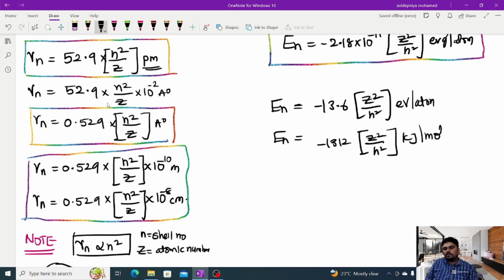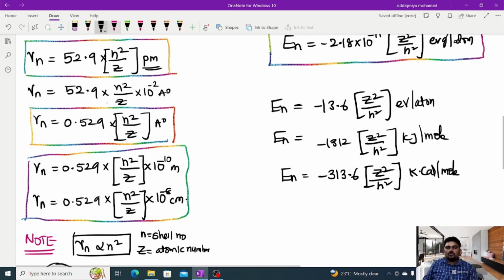And next, energy of an orbit is equal to minus 313.6 into Z square by n square kilocalorie per mole. These conversions are very, very important.